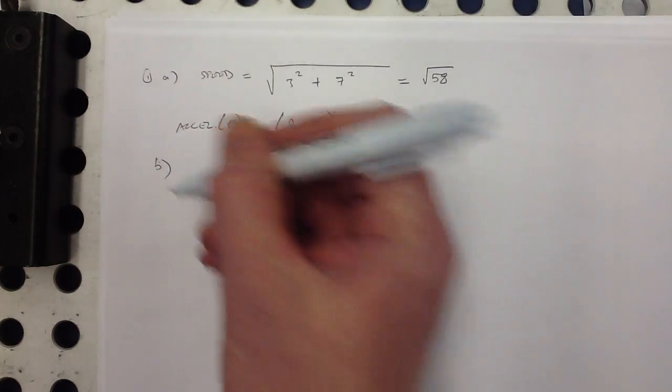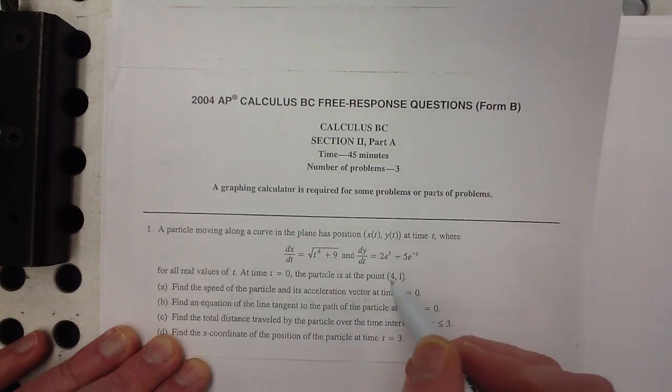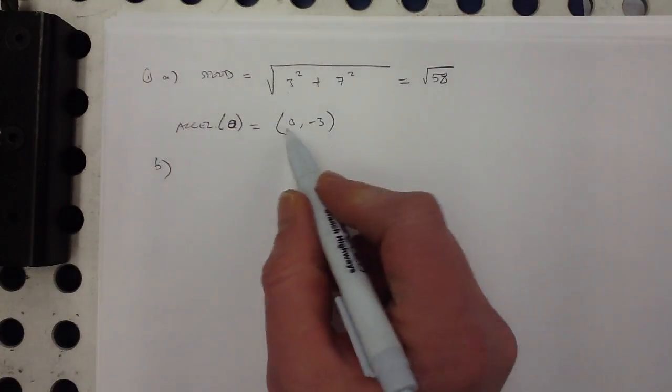Part B. Find an equation of the line tangent to the path of the particle at time 0. All right, we need a point, which they gave us, and we need slope. And I think we have the pieces of the slope.